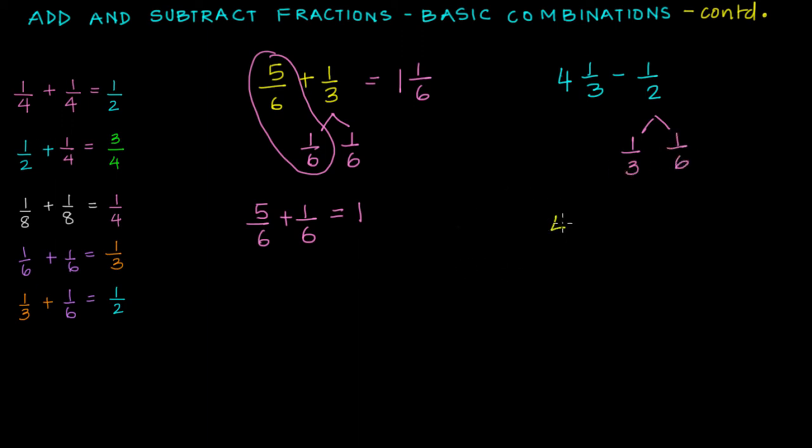So from the 4 and 1/3, if I get rid of the 1/3, I'm left with 4. And then from the 4, if I get rid of the 1/6, I am left with 3 and 5/6. So 4 and 1/3 minus half equals 3 and 5/6.